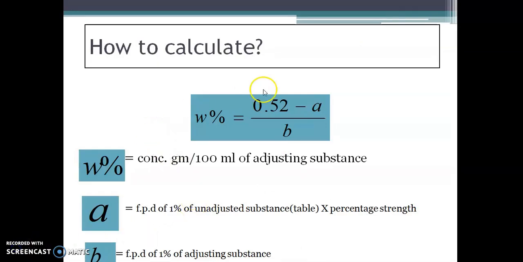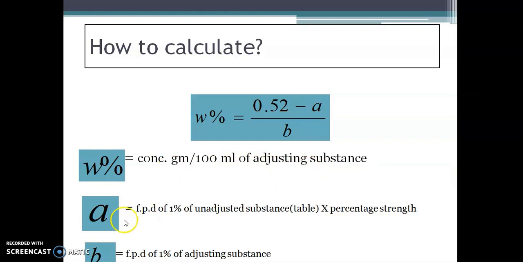Now, how to calculate the depression in freezing point? By the formula. The formula for calculating the concentration of the salt is W% equals 0.52 minus A divided by B. W% is the concentration in grams per 100 ml of the adjusting substance.